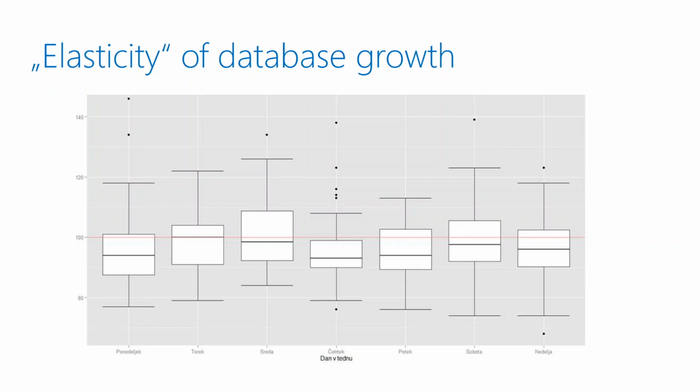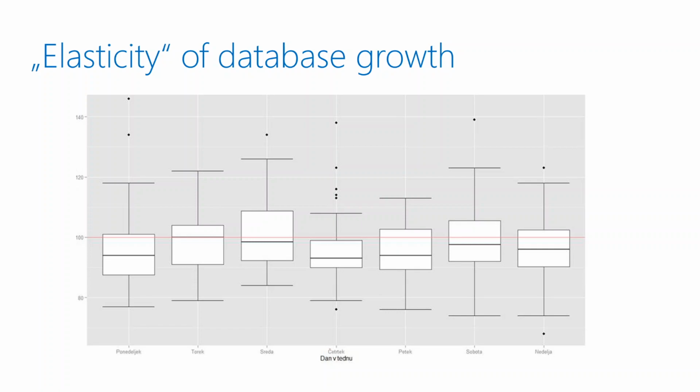You can see that, for instance, Thursday was quite low on average, but it had quite a lot of outliers, which meant there was something peculiar going on. Wednesday had quite a lot of work going on, but not as much as, let's say, Saturday.